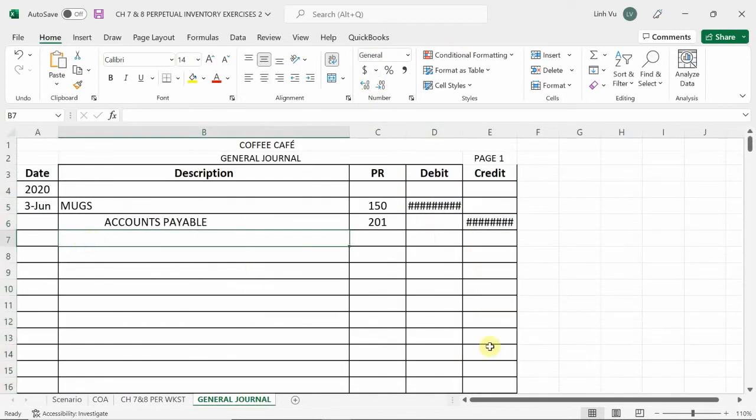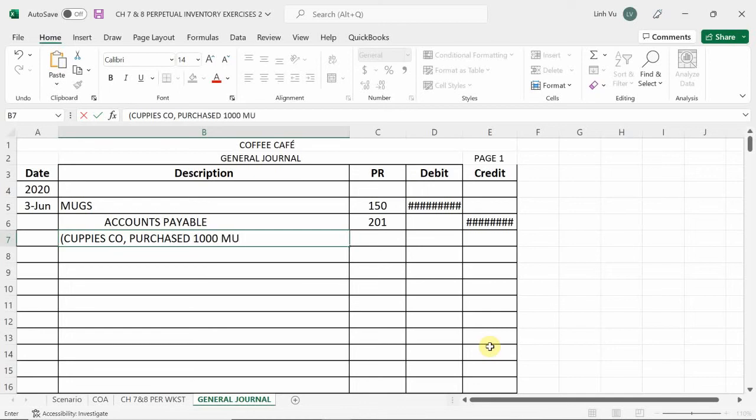I'm going to make a note here that this is from Cuppies Co. We purchased 1,000 mugs at $3.65 each.